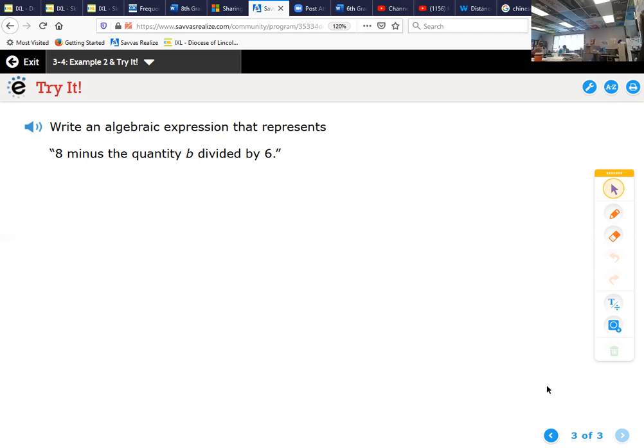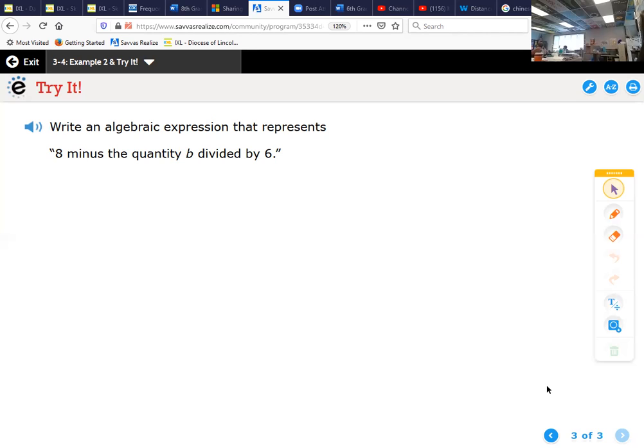Who wants to come up and write on the board? That says 8 minus the quantity b divided by 6. What is my other way? How would my other way be different?